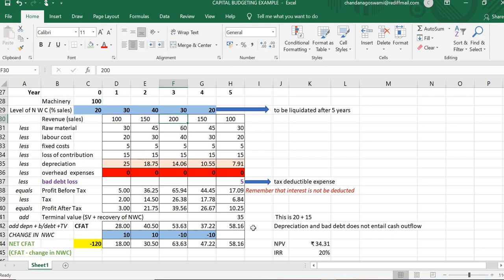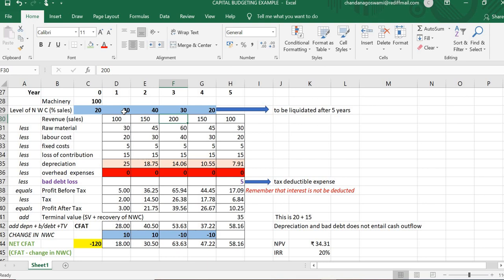Now there's an additional thing to be done. Remember we had this level of working capital which kept on changing. We have to take this into account. You can see that from 20 million in year 0, it became 30 million in year 1, which means that there was an addition of 10 million.